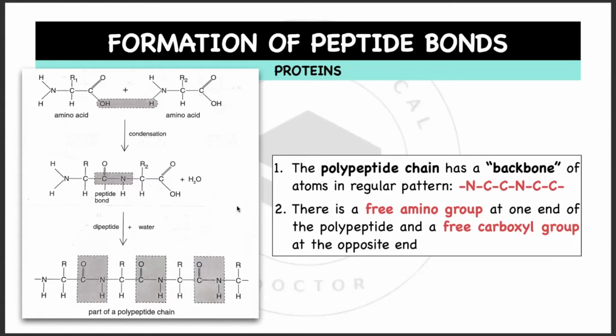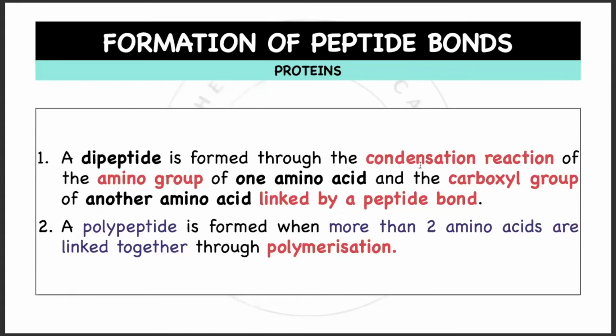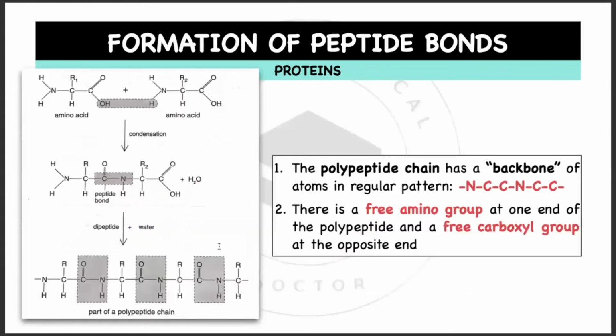But as you keep adding more and more, it becomes a polypeptide, and poly meaning many. So a polypeptide is formed when more than two amino acids are linked together, and the process is called polymerization. Alright, so here you notice that as you keep adding from dipeptide, they become more and more. There is a repetition in pattern.